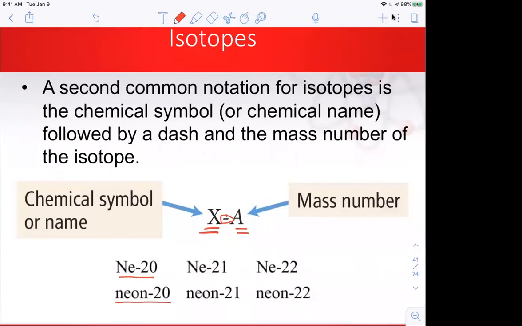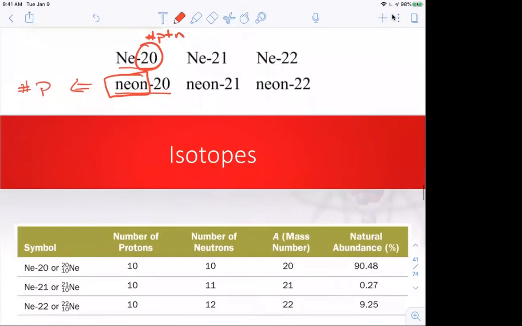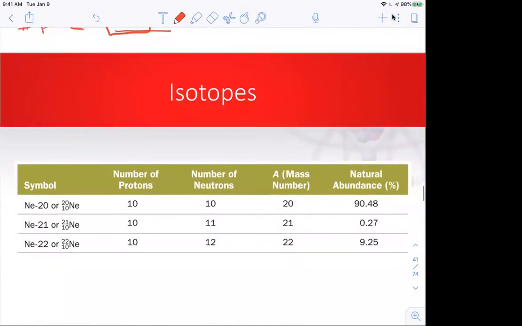And again, this is the mass number, so this is the number of protons plus the neutrons. Because it's neon, I know the number of protons off the periodic table. Neon is atomic number 10. Every isotope of neon has got 10 protons.